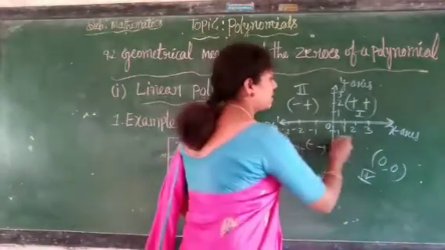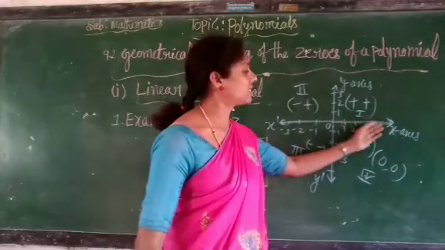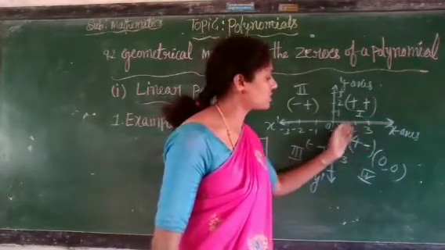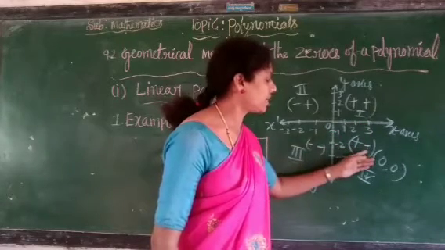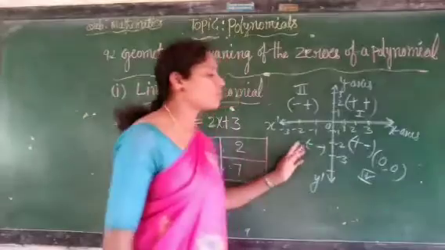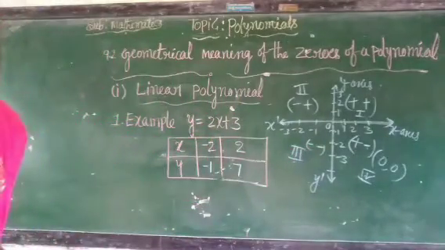Fourth quadrant, plus minus: x-axis positive values and y-axis negative values. These are some basic points of coordinate geometry.